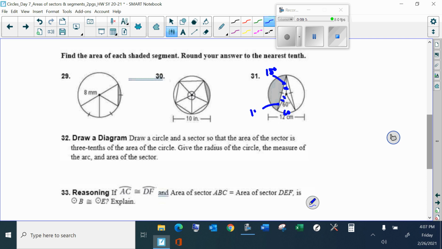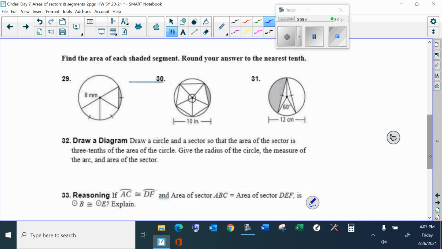So that means this has to be 15 degrees. So that's 30 from 180 degrees, which makes this 150 degrees right there. Okay, so you've got to use multiple steps on these ones. So for that one, I could do area of the sector minus the area of the triangle right there, and that would give me the shaded region.